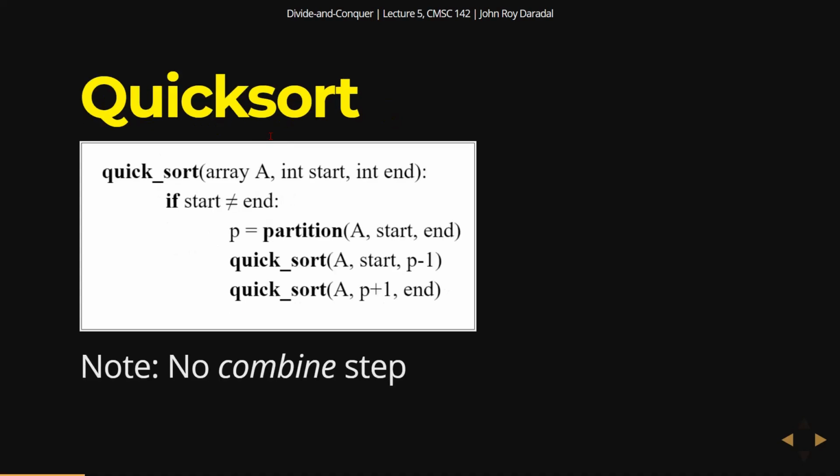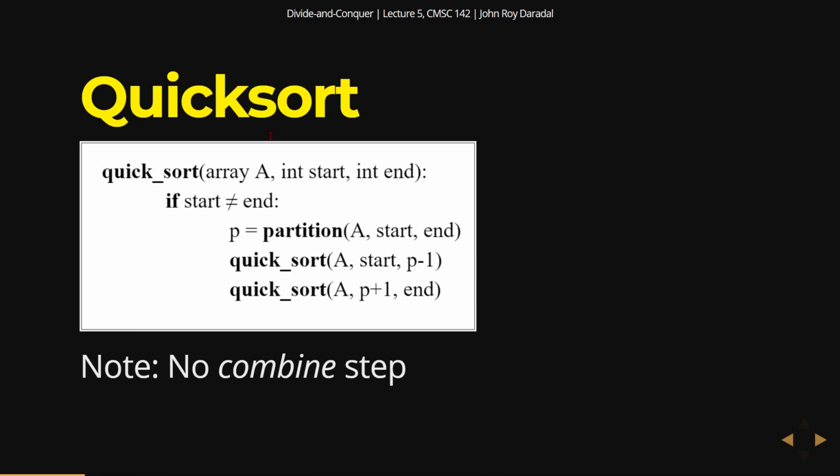Then you also had quick sort, which was also another divide and conquer algorithm. So in quick sort, remember that we used a pivot to partition the array, and then the items that are less than the pivot go to the left part, and then the right part naman are the items that are greater than the pivot.